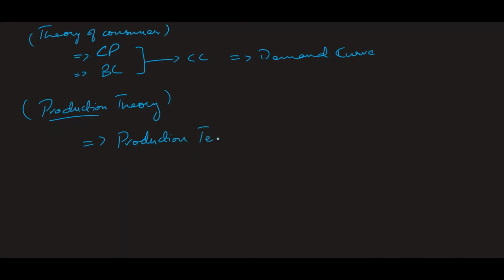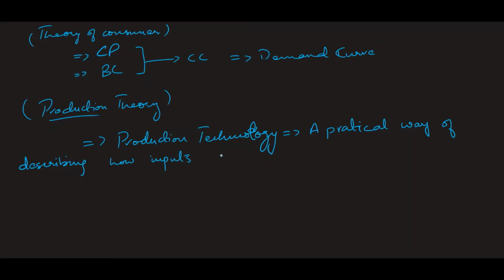As we discussed consumer preferences, here we say that production technology is a practical way of describing how inputs can be transformed into output. First of all, we are going to discuss the production technology.